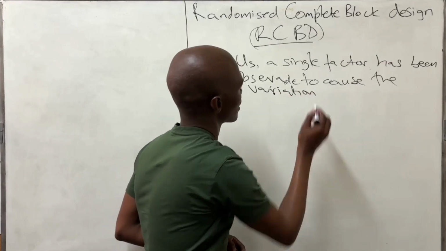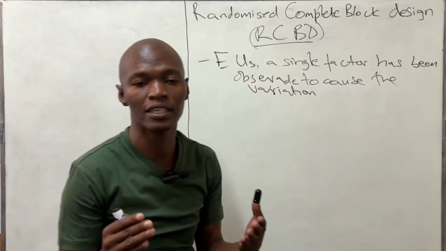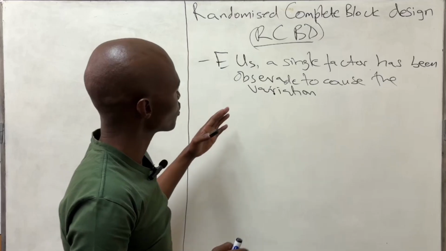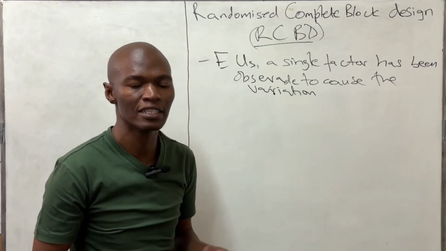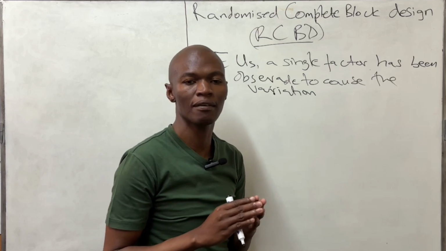What we are saying here is that this is the experimental design whereby once you find out in your experimental units there is some variation, but only a single variation.